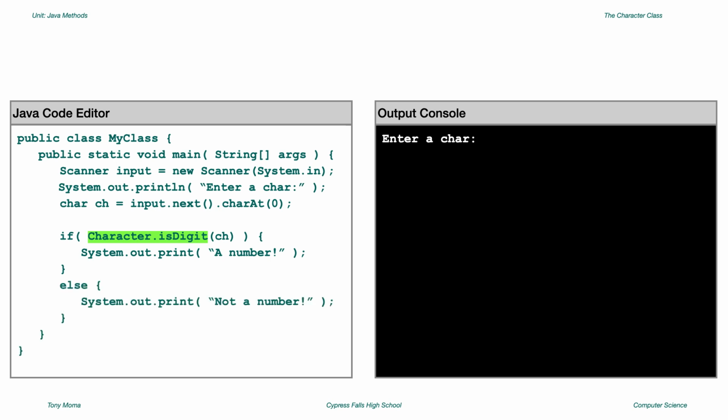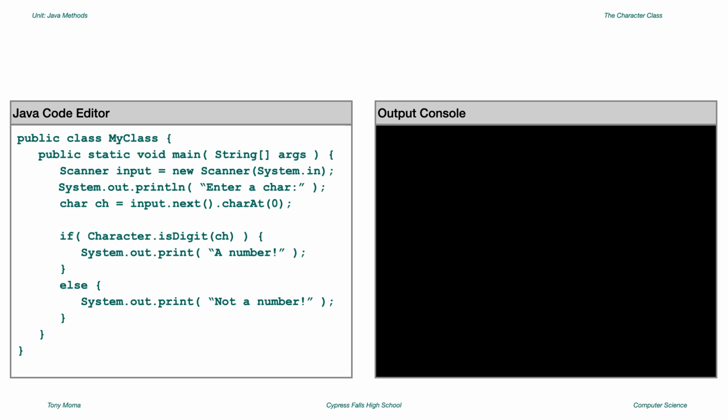So let's run it, enter a char, I enter the number 5. Obviously 5 is a digit, thus Character.isDigit will return true and output a number. I run the program again. This time I enter uppercase Z. Obviously Z is not a digit, thus Character.isDigit will return false, and thus not a number will get printed out.